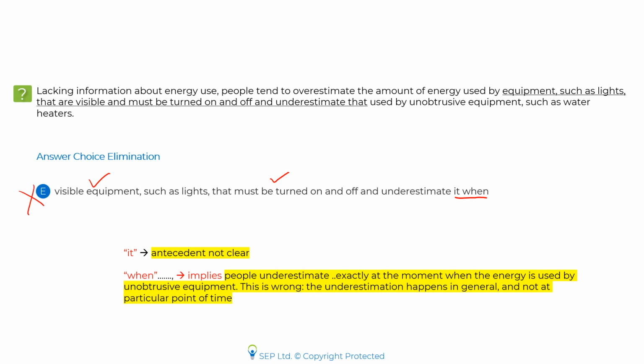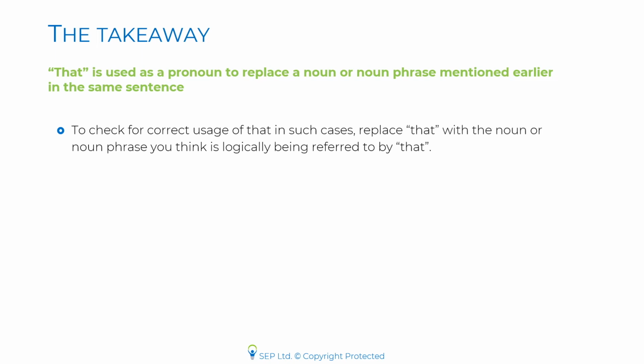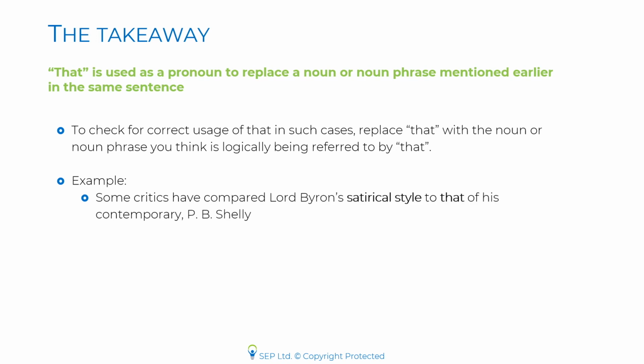What is the takeaway from this question? The takeaway is that when "that" is used as a pronoun to replace a noun or noun phrase, it must make sense. It must be logical. So to check for the correct usage of "that" in such cases, you replace the "that" with the noun or noun phrase that you think is logically being referred to. Say we have a sentence like, "Some critics have compared Lord Byron's satirical style to that of his contemporary P.B. Shelley."